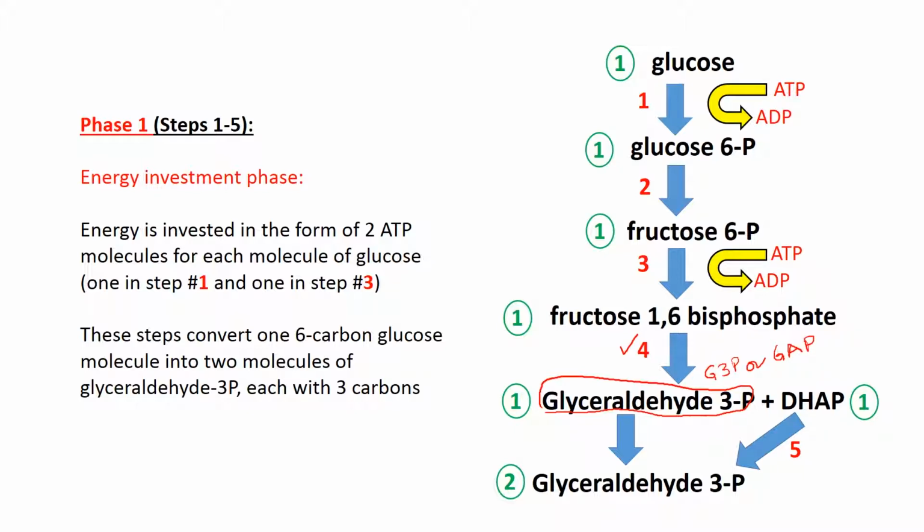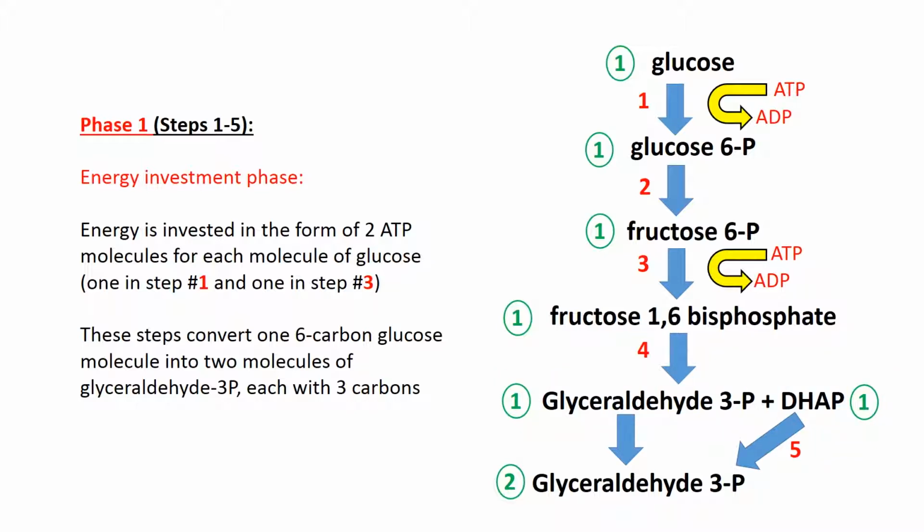But depending on which book you look into, you'll find it, again, either G3P or GAP. And the other molecule that it splits into is dihydroxyacetone phosphate, abbreviated as DHAP. So we get 1 G3P and 1 DHAP.